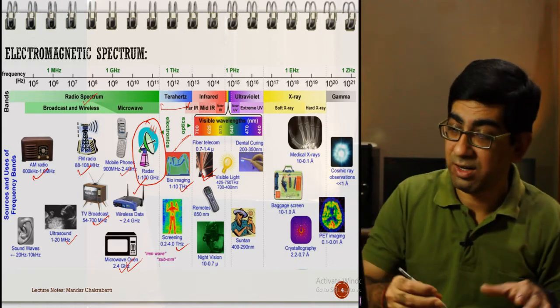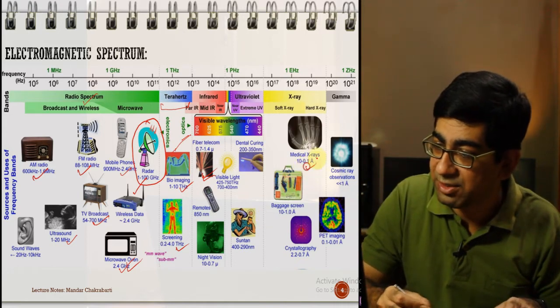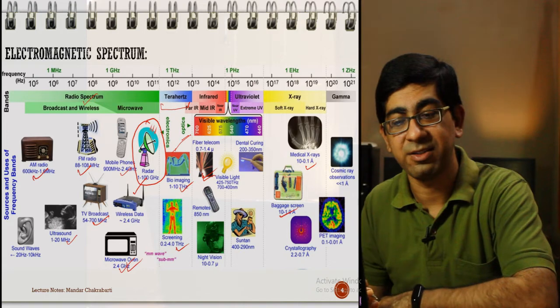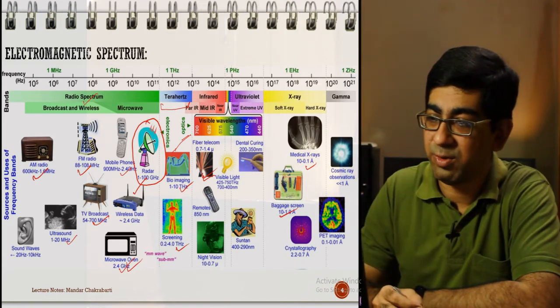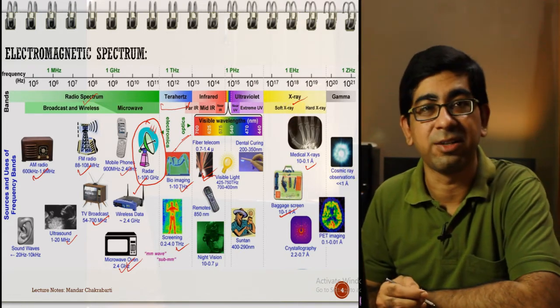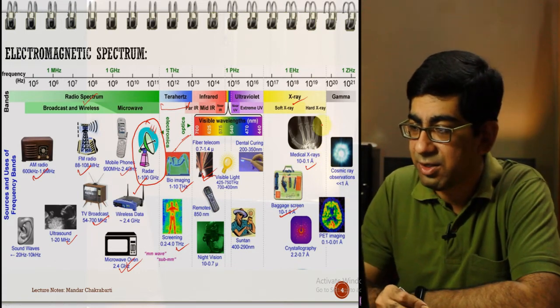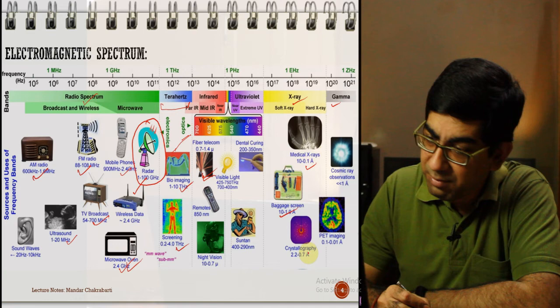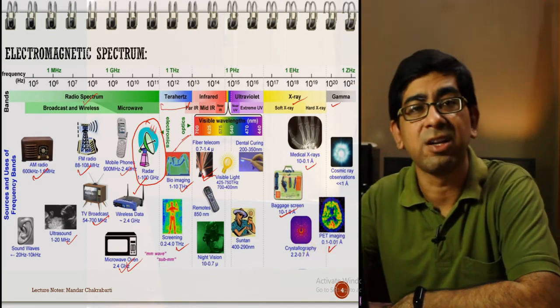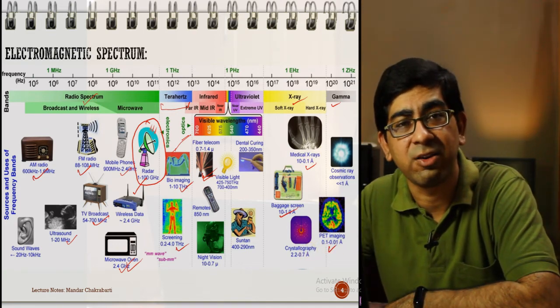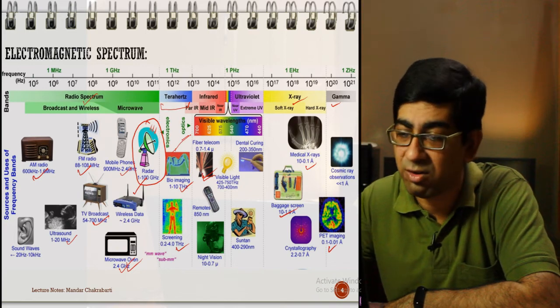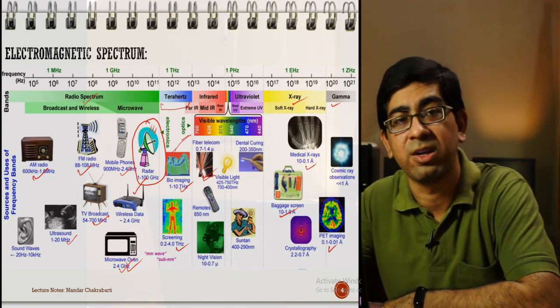Then of course there are your medical x-rays and baggage screening devices at the airports which rely on the x-ray frequency range. Going into the gamma frequency range, PET imaging devices which are used in advanced medical diagnosis rely on gamma frequencies for their functioning.